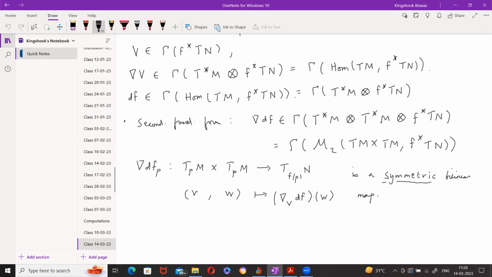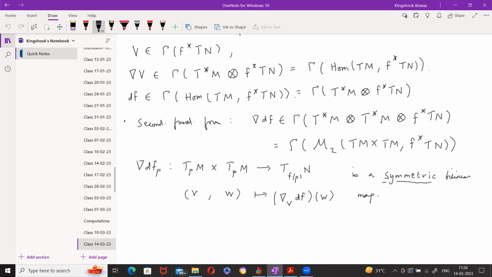If you interchange two vectors, what happens is actually some curvature terms come out. Okay, so we'll see that. We will be looking at the third derivative in a while when we prove what's called the Weitzenbock formula. There some third derivatives will come up, and you'll see if you interchange the orders of vectors, you'll get some curvature terms coming out. So this is a difference from the Euclidean setup.